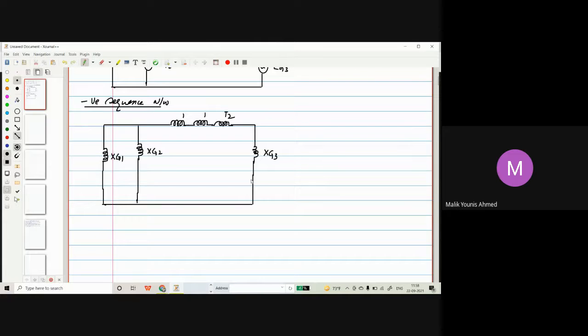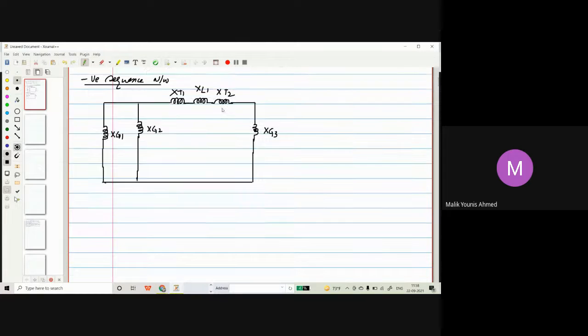So this is the negative sequence, and this is XT1, this is XL1 for the transmission line, and this is XT2. The same notations are there.